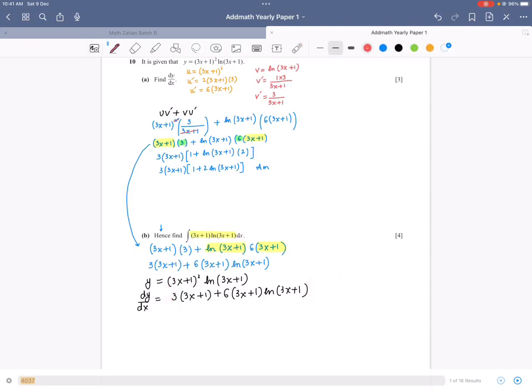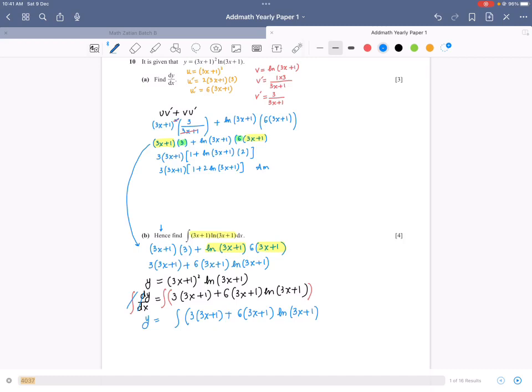Let me apply the sign of integration on both sides. If I integrate the function, the integral and derivative parts will cancel. So I can say that y is equal to the integral of 3 times 3x plus 1 plus 6 times 3x plus 1 times ln of 3x plus 1, right?